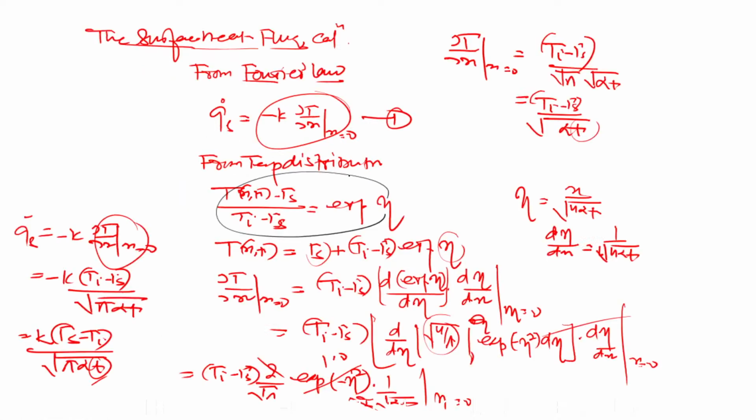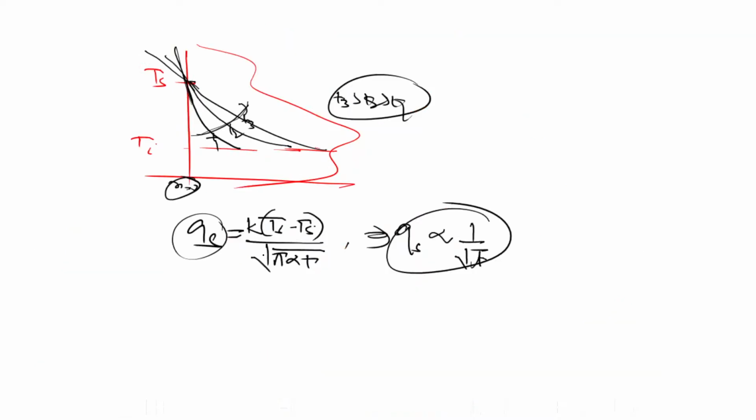So what they can ask you, is this clear? First of all, they will give you the temperature distribution, and they will ask you to find out the surface heat flux, how the surface heat flux is going to vary with time. So in this case, for the constant surface temperature, it is very obvious. We have seen here it is inversely proportional to time.